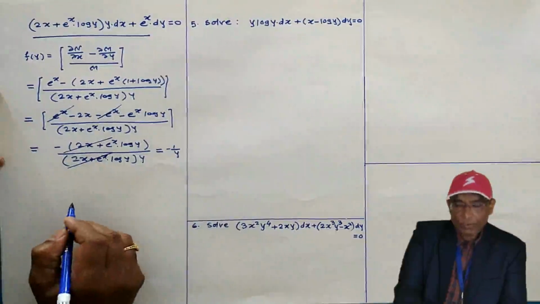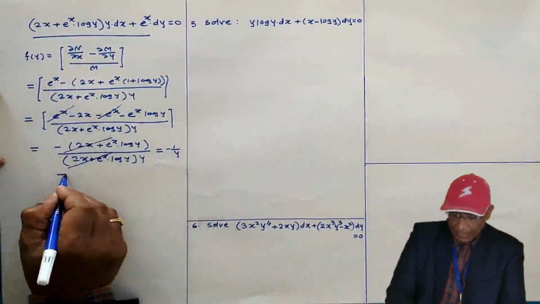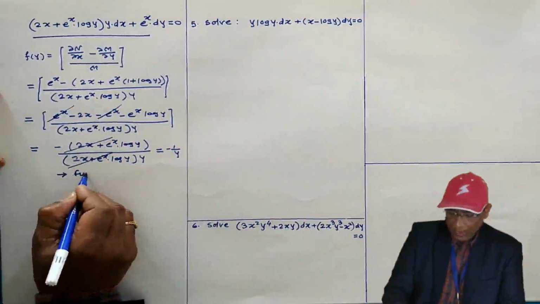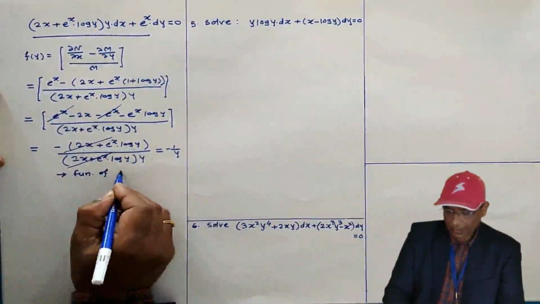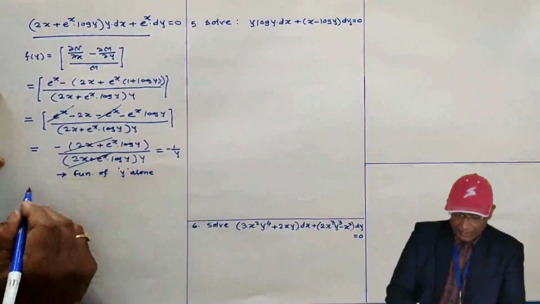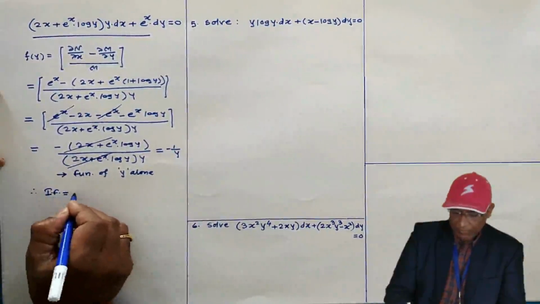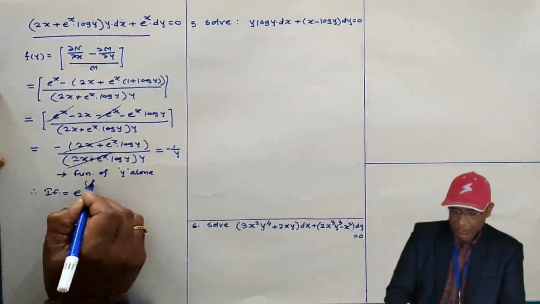Now fy we have solved up to this, and fy is a function of y alone. X is absent. Therefore, we can use the integrating factor e to the power integration of fy with respect to y.